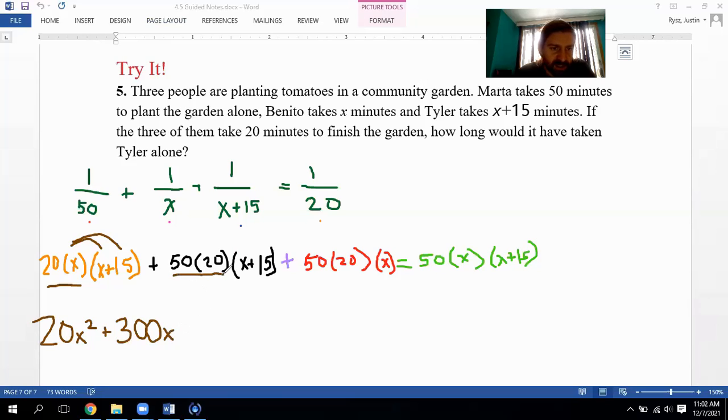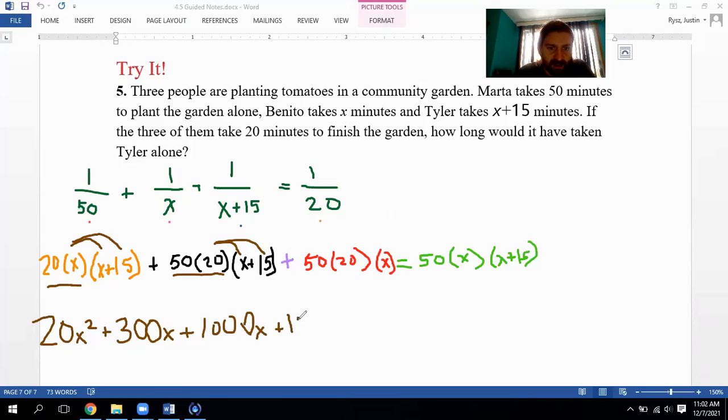Next, we're going to take these two here, which is 50 and 20, that's 1,000, and distribute to those two. So 1,000 times x is 1,000x, and 1,000 times 15 is 15,000.